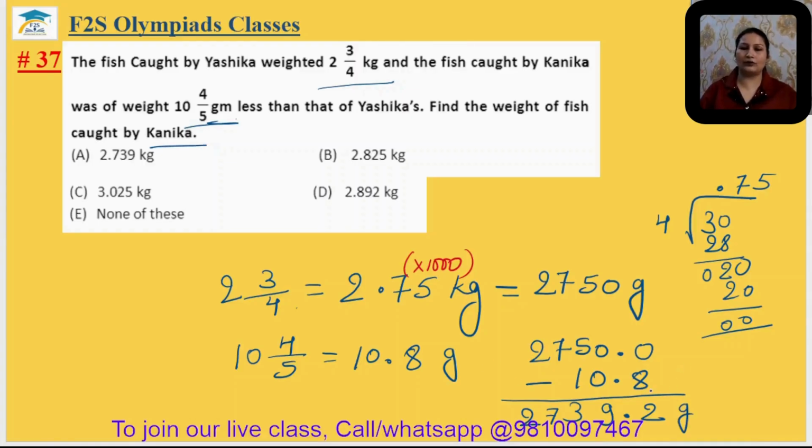If we have to convert it to kilogram, then divide by 1000. So the point will shift to the left by 3 places. It will be 2.7392, or we can write approximately 2.739. That is in option A. The 37th answer is option A.